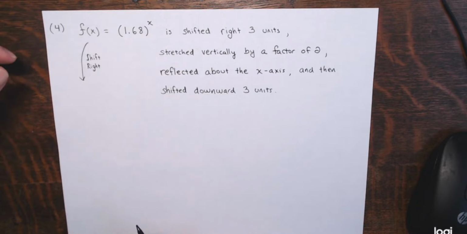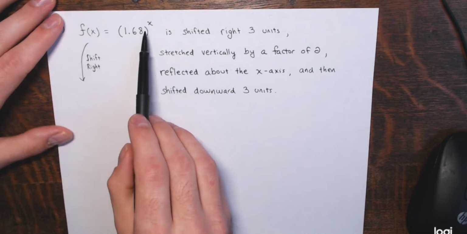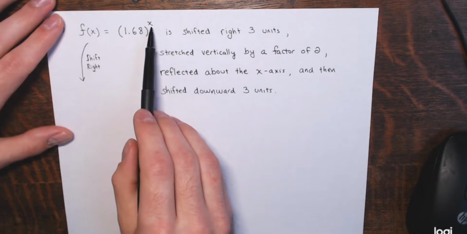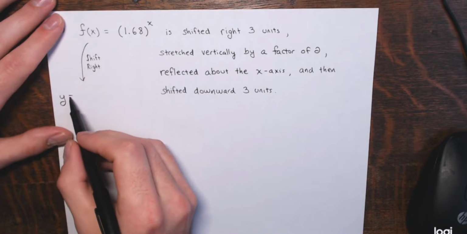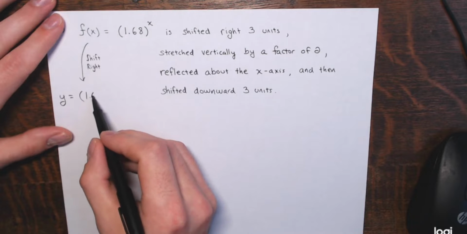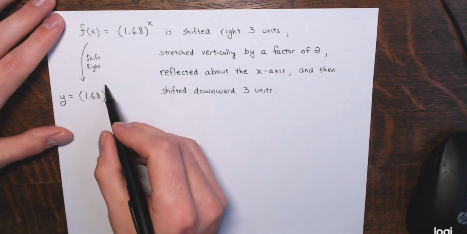Now remember, when you shift right or left, that's a horizontal transformation, meaning you just take the rule and replace the x with something. All right, replace the x's with an expression. And to shift to the right 3 units, you replace x with x minus 3. So we have y equals 1.68 raised to the x minus 3 power.